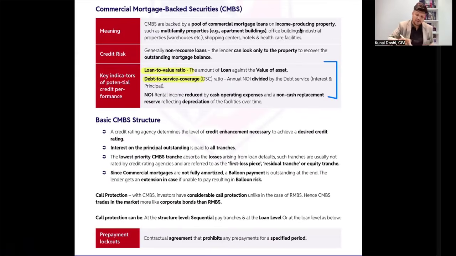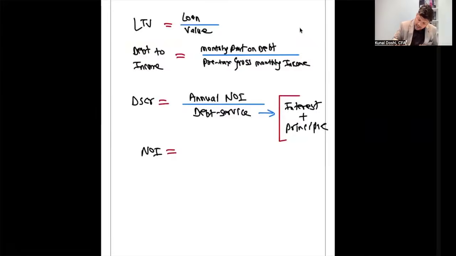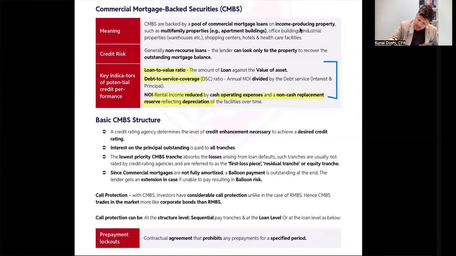So what is my inflow from the property? Rental income. But outflow is all the expenses. Outflow includes operating expense, non-cash replacement reserve like depreciation. All right, so we do what? NOI is nothing but rental, or we can say annual rent.